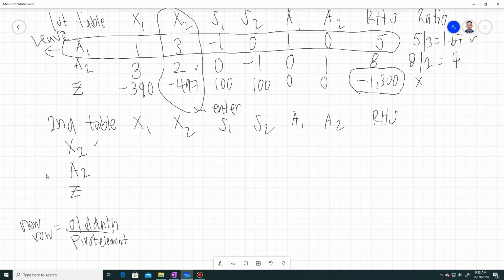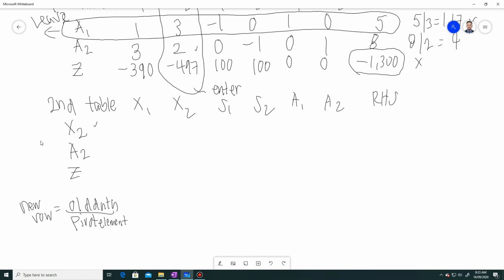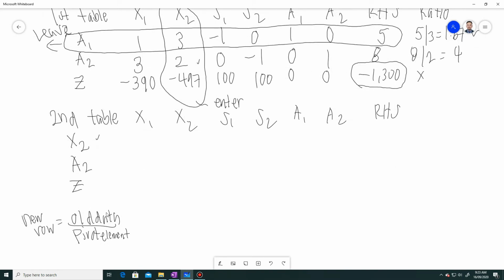Okay, so what is the pivot element? We know the old data, 1 3 negative 1 0 1 0 5. That is the old data, and the pivot element is this one, the 3. So for x sub 1, we have old data 1.